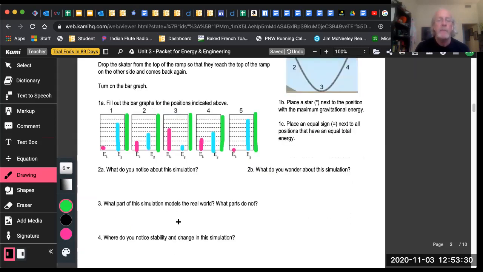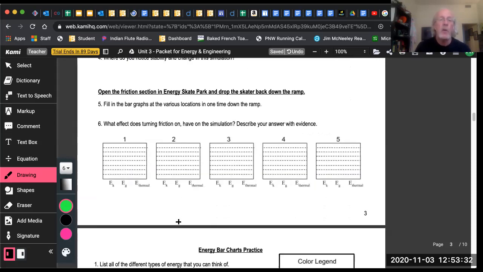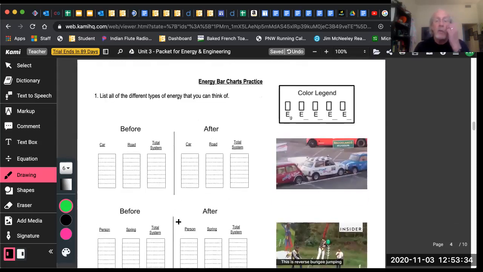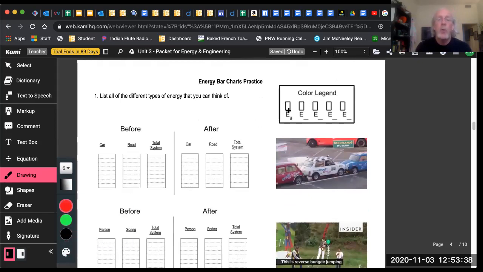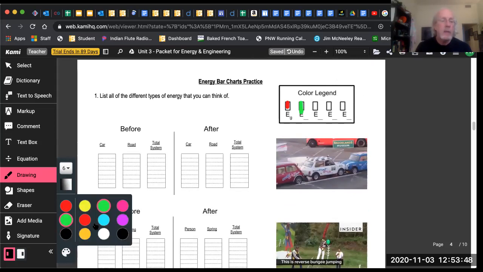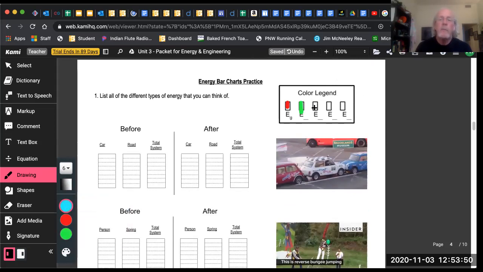When I start looking at other situations, in this case, I'm going to code gravitational as red and kinetic as green, and I'm going to code elastic as blue. I'm only going to do a few of these for you.